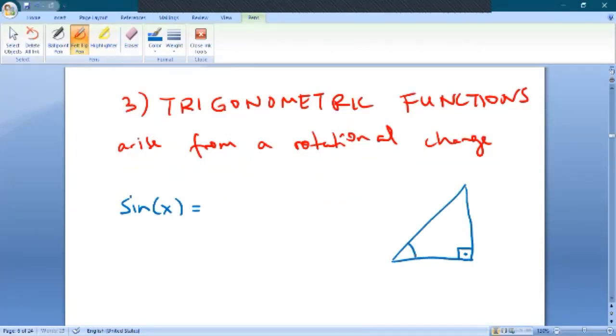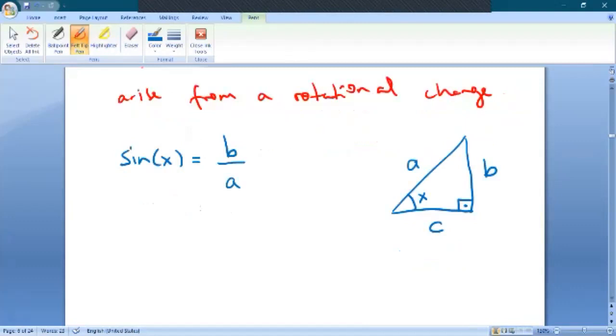And let's say one of the angles is x. So let's say this is A, this is B, this is C. Okay. So A is the hypotenuse, B is the opposite side, C is the adjacent side. So sine is the opposite side over the hypotenuse. Okay, this is sine of x.